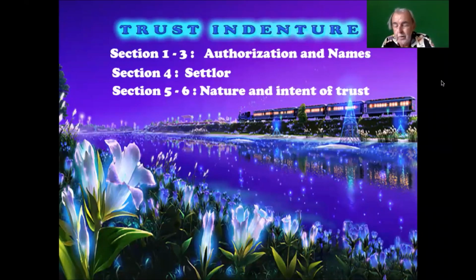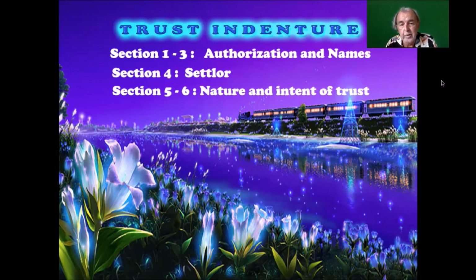And then you go into the settler, who he is and what he does. So the reason that we want to include this right away is that the first thing you have to realize is that as the settler, now, okay, we're going to set the example that the client is the settler for this example.